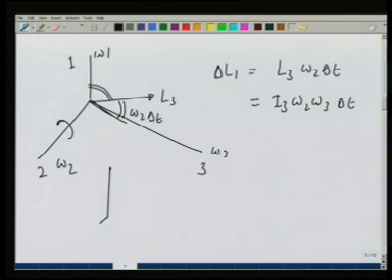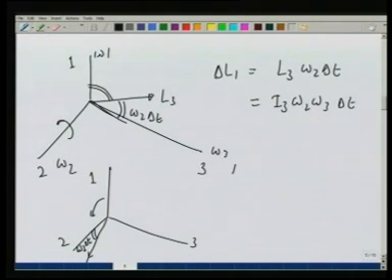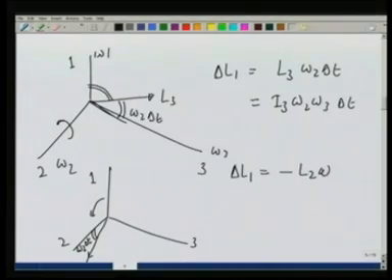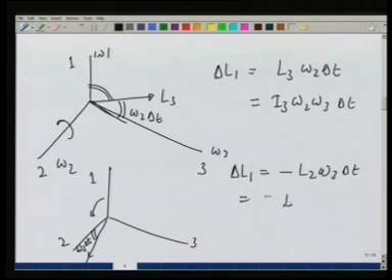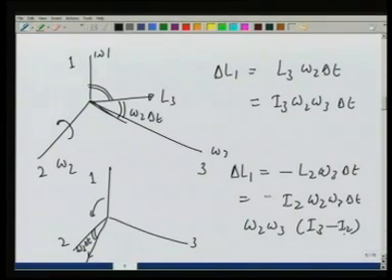And similarly, if the body is rotating about 3, 1 towards 2, then L2 would have gone down by omega 3 delta t, and therefore, L2 would develop a component along 1 which will be minus L2 omega 3 delta t, which is minus I2 omega 2 omega 3 delta t. And you see, due to rotation, the net change along 1 is going to be omega 2 omega 3 times I3 minus I2, and this gives rise to very interesting dynamics which we saw a lot of demonstrations of.